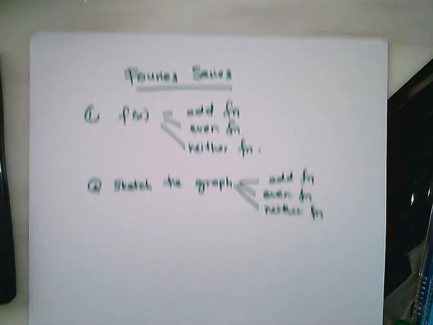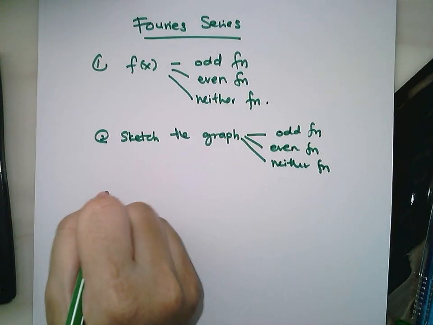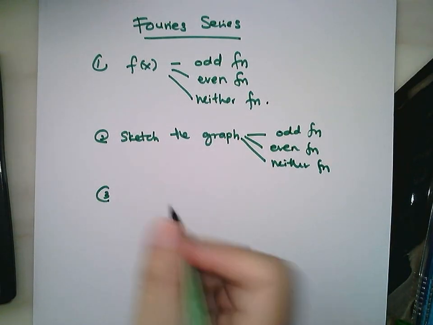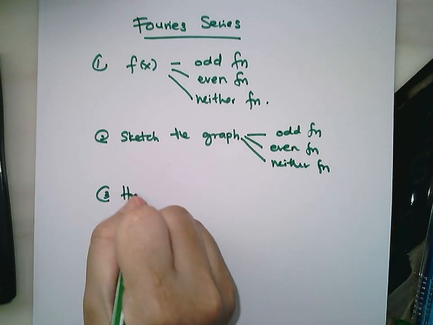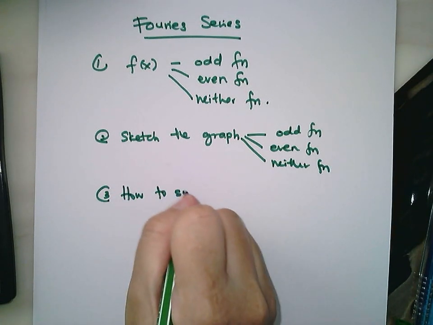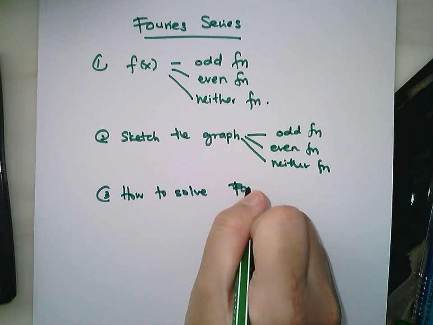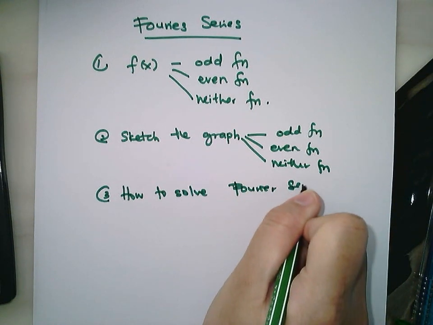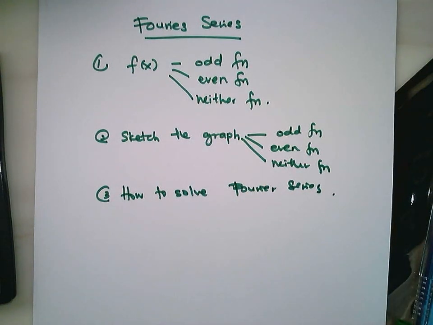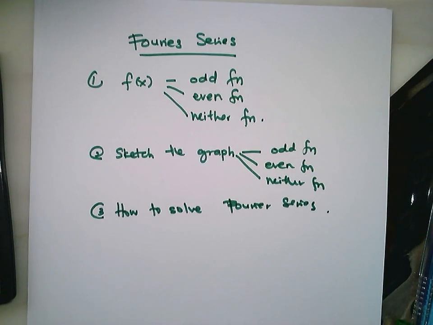Okay, and the last one is solving Fourier series. Okay, and how to solve Fourier series. So in this video I will explain to you the first part, okay, which is on how to determine the function is odd, even, or neither function by using definition.